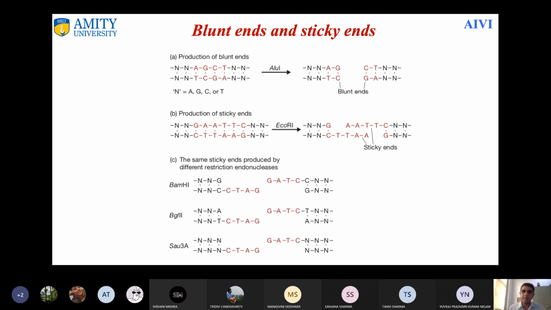Second is a staggered cut, meaning they are not going to produce a cut at the same point, they are going to produce a cut at a different point. Like in this case, if this sequence is there, GAATTC, forget this EcoRI.